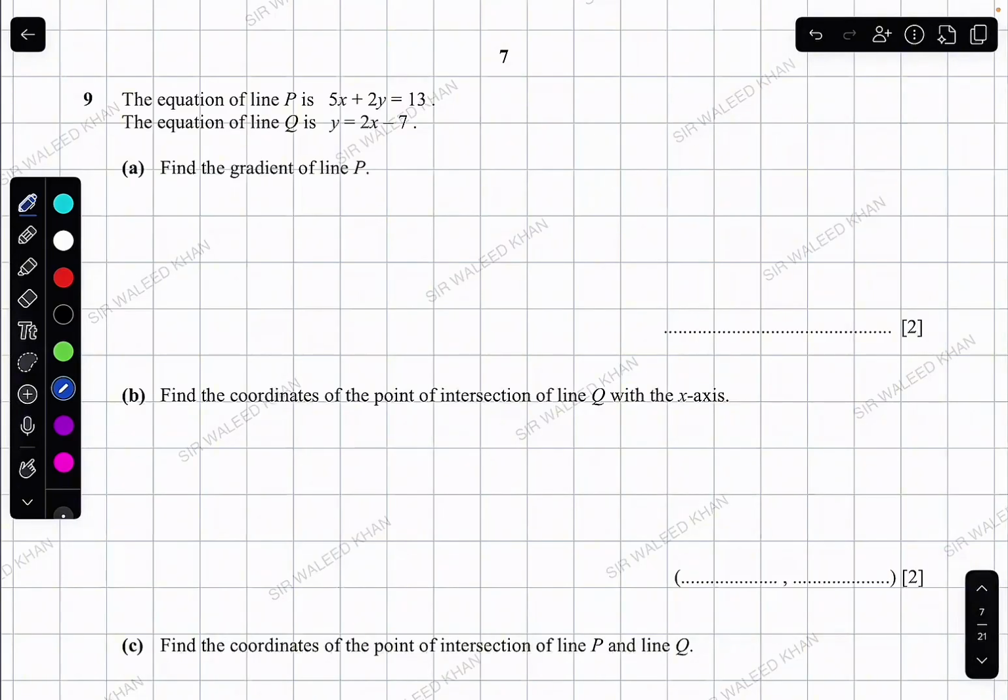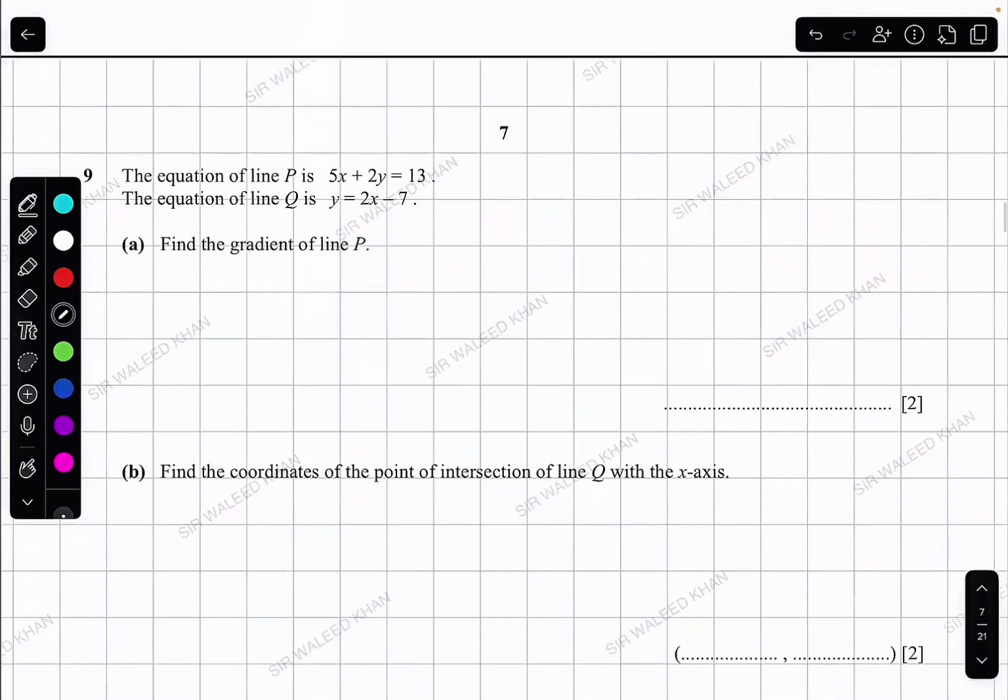The equation of line P is 5x plus 2y is equal to 13. The equation of line Q is y is equal to 2x minus 7. Find the gradient of line P. So to figure out the gradient of line P, when the equation is already given, whenever you have to find the gradient of a line and the equation is already given to you, you have to match the equation with this general form of linear equation.